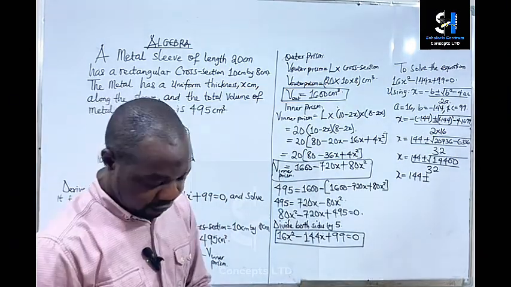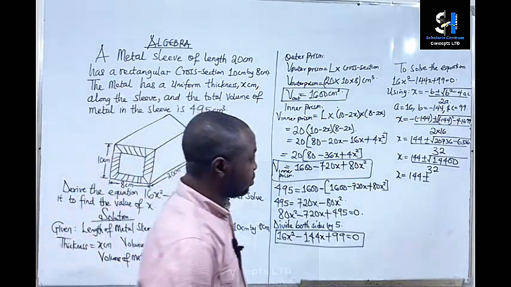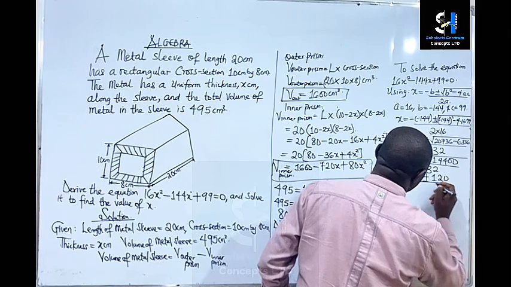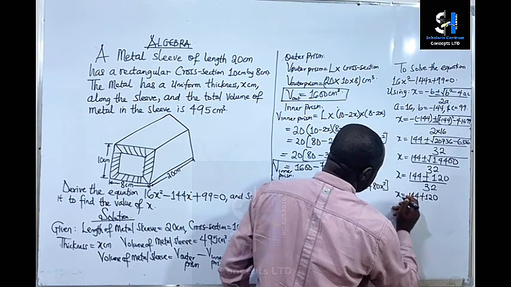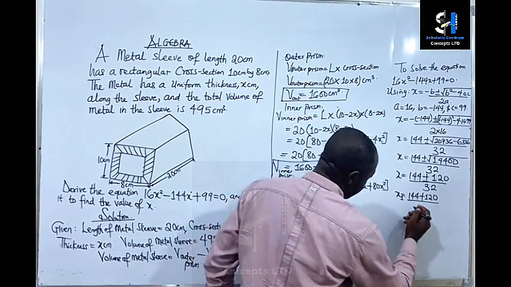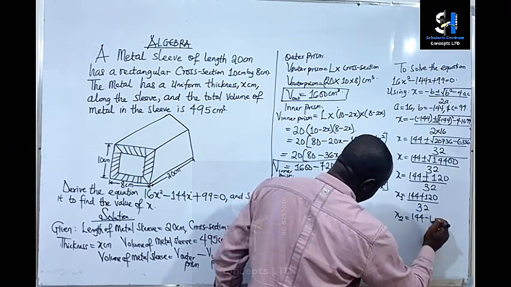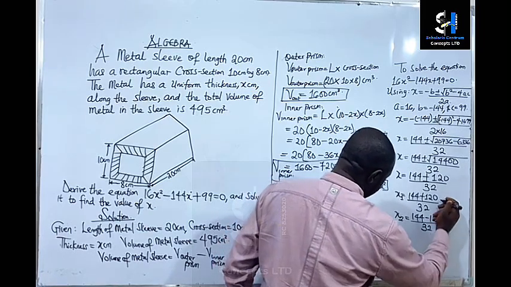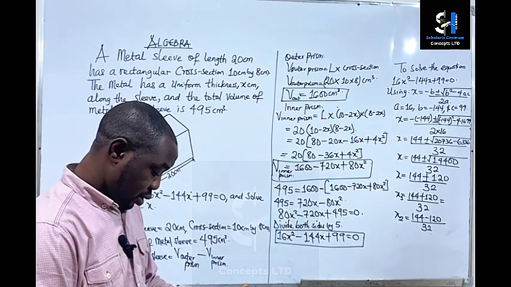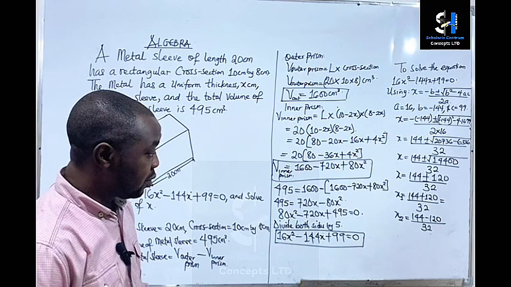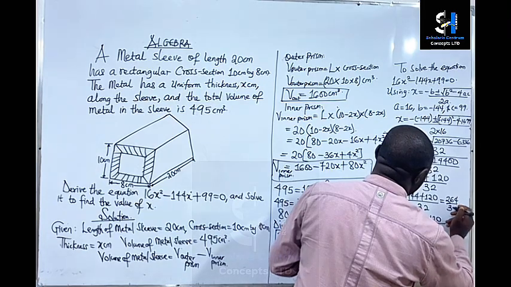So this will be 144 plus or minus. Now let's get the square root of 14,400. That's 120. So this will be 120 over 32. So x1 will be 144 plus 120 divided by 32, then x2 will be 144 minus 120 divided by 32. 144 plus 120, that's 264 divided by 32.